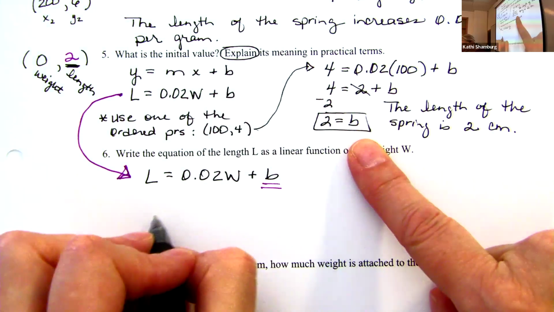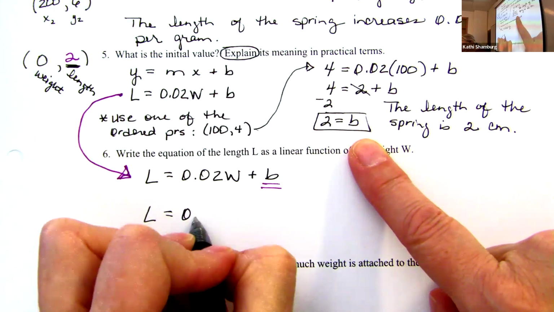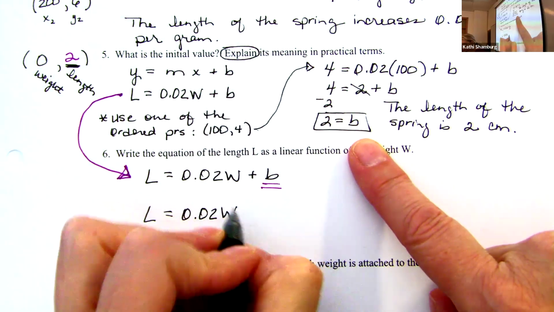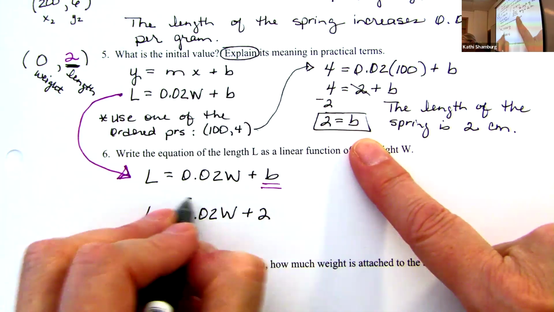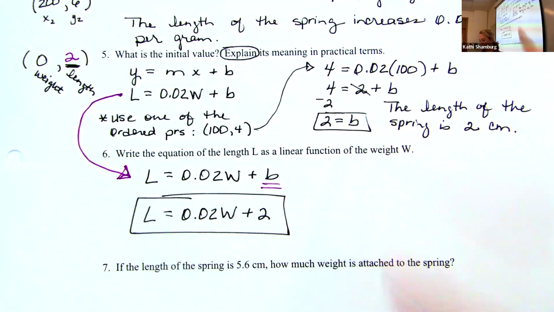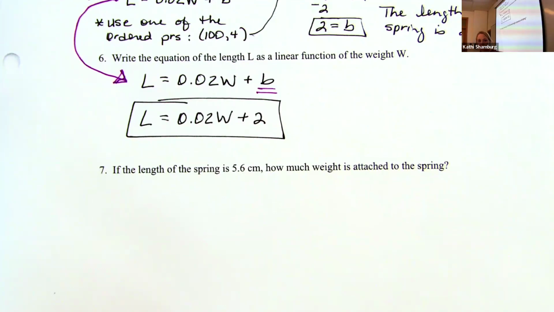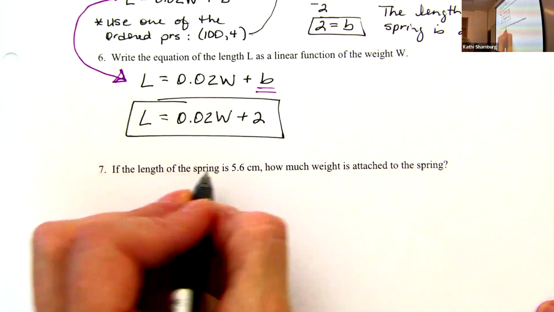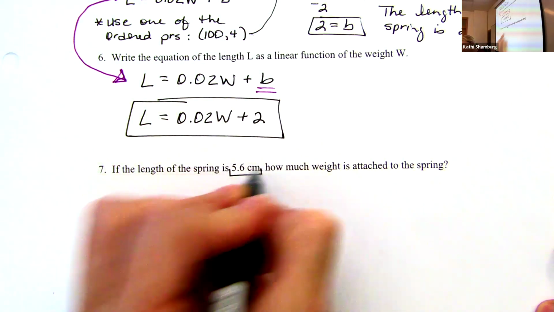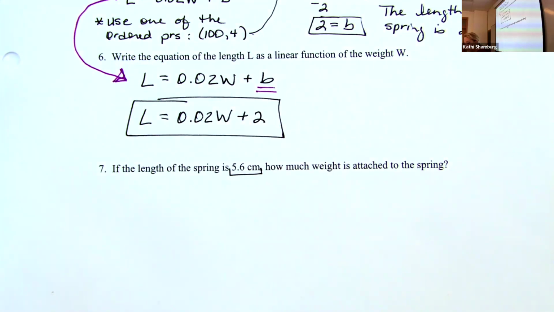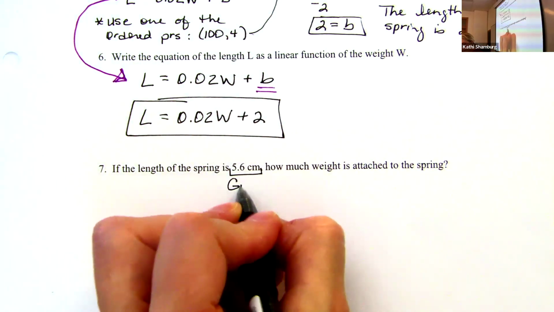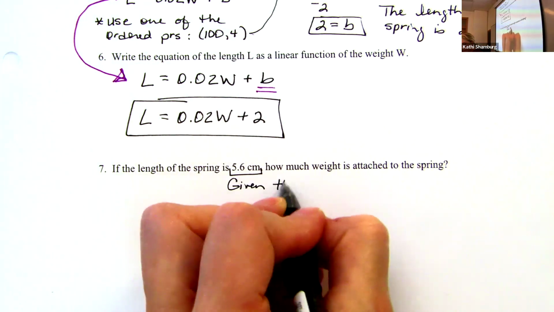So in place of B, I have +2. And then question 7, if the length of the spring is 5.6 centimeters, how much weight is attached? What am I given? Function.